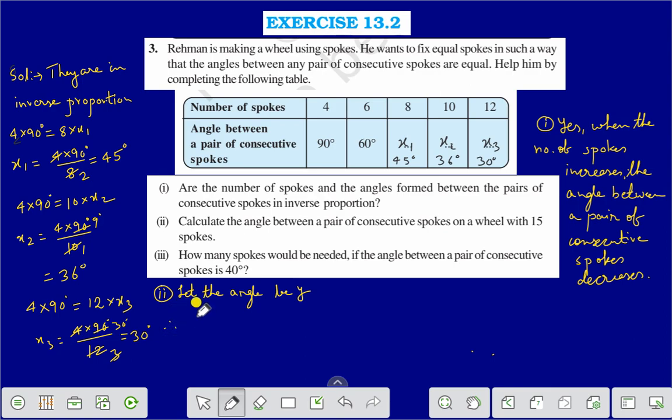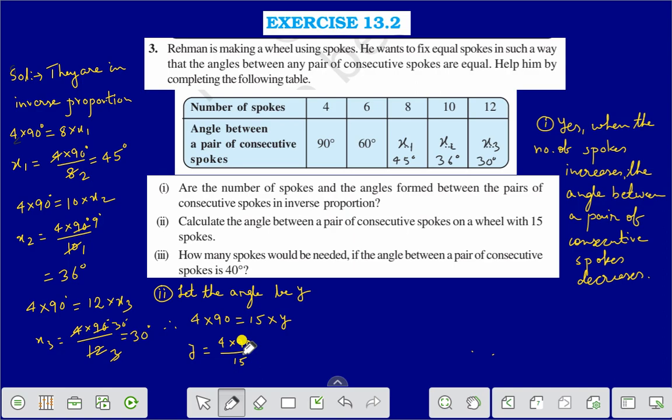Therefore, since they are in inverse proportion, 4 into 90 is equal to 15 into y. I can find the value of y is equal to 4 into 90 by 15.